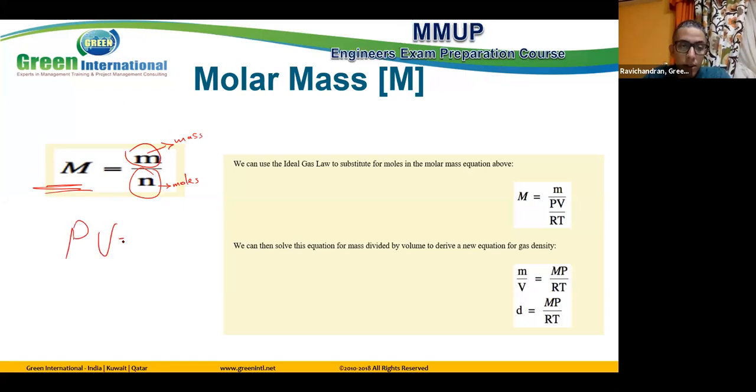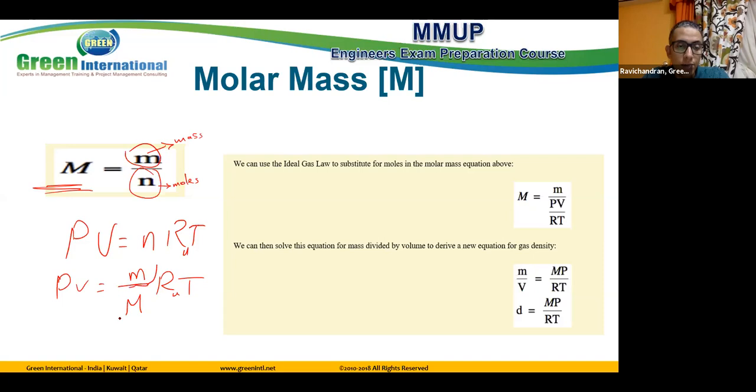See what happens? PV equals nRT. So this n I can replace by m over M. So PV I can write as m over M times RT, where R here is R_U, R universal, correct? So now we obtain the mass, converted from n to mass, but we have M, the molar mass.